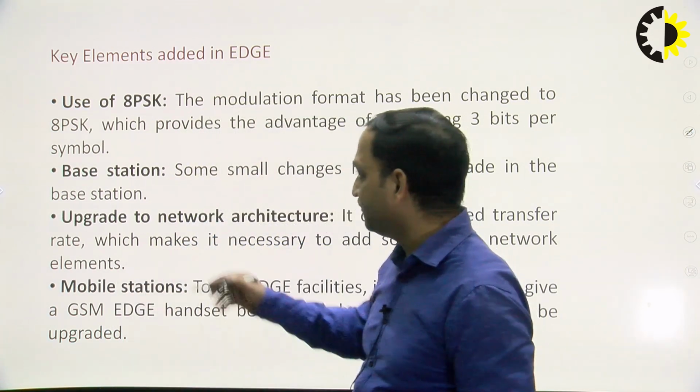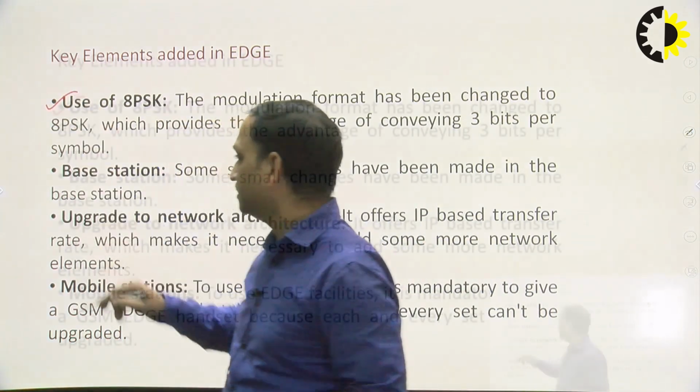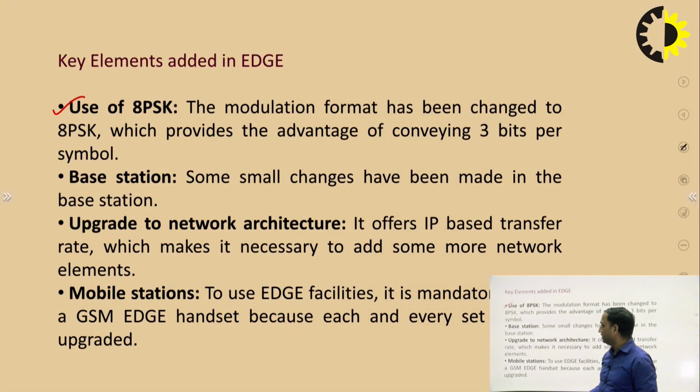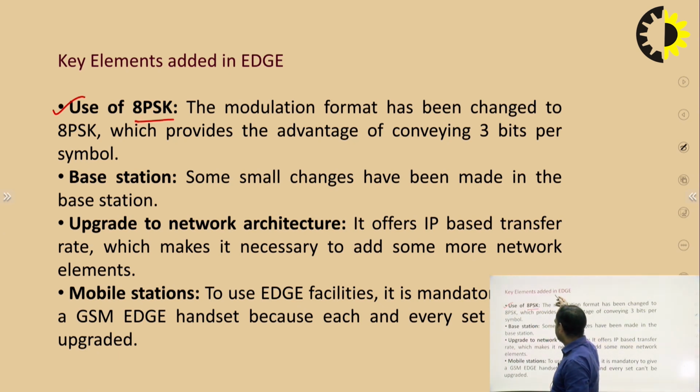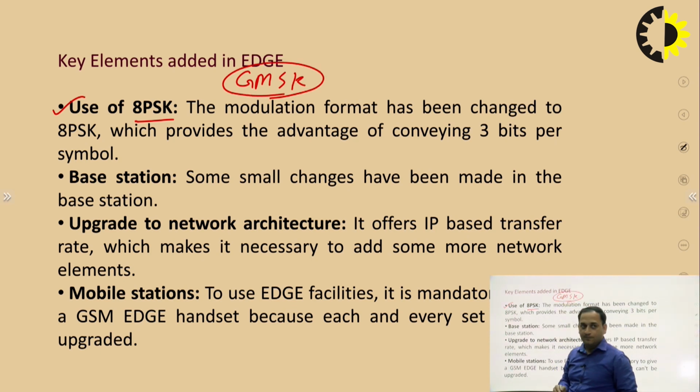First and foremost, to enhance the data rate, we use 8 PSK. In GPRS or in GSM we use the GMSK modulation scheme, but the data rate was very low.